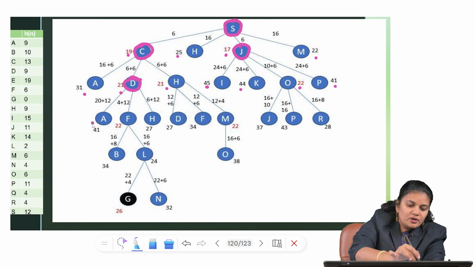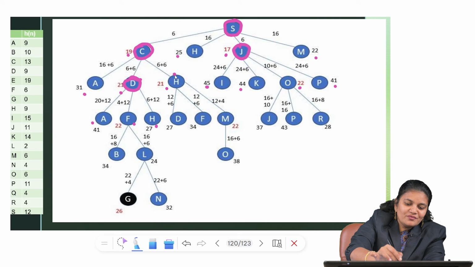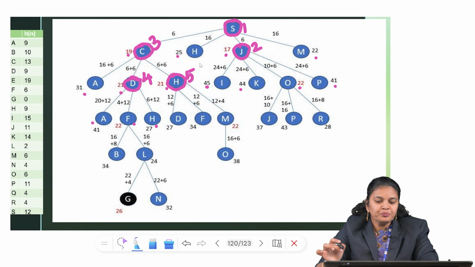Now when we explore D, we have A, F and H with 41, 22 and 27. Again, in the complete list, H with 21 is having the less value. How it is being explored, we'll number it. It is the first visit, second visit, third visit, fourth we have visited D and fifth we are visiting H.